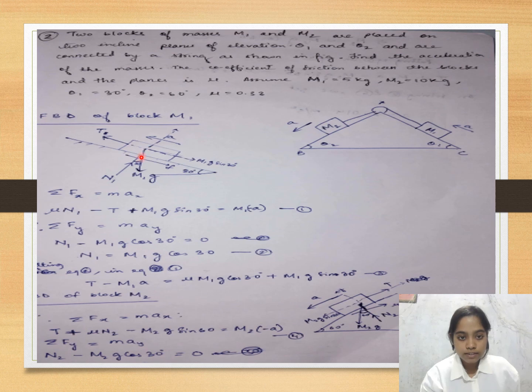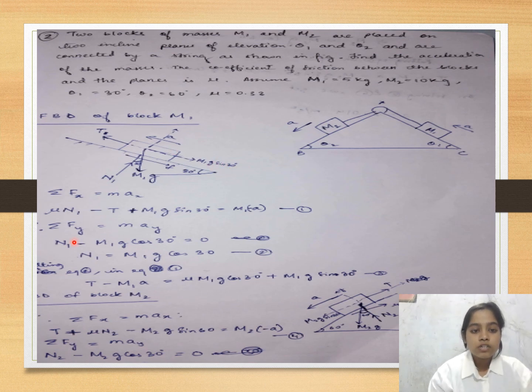There is a normal reaction, then we have this mass m1 into g, which is mass into gravity, and here we have m1 g sin theta, which is the component.